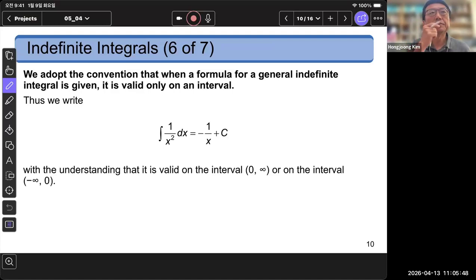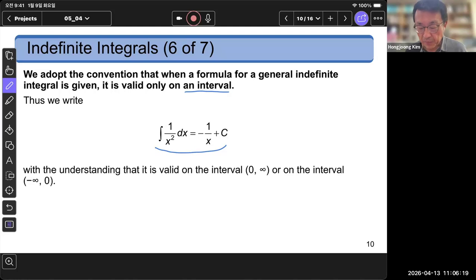And as I said, we adopt a convention that when a formula for a general indefinite integral is given, it is valid only on one interval. Even though I used this, that is allowed in many fields of science, engineering, or physics.